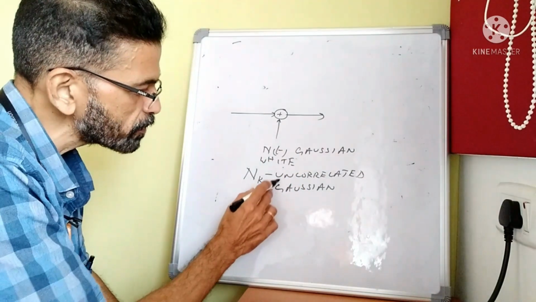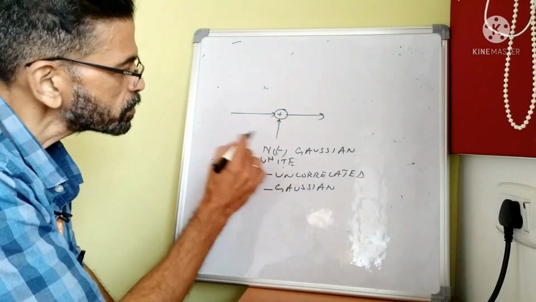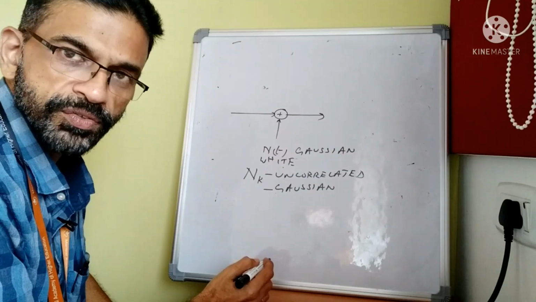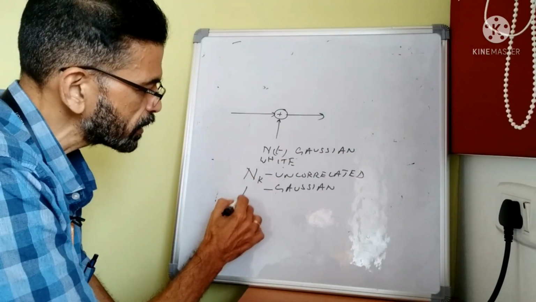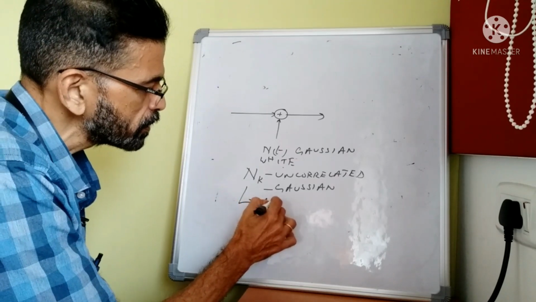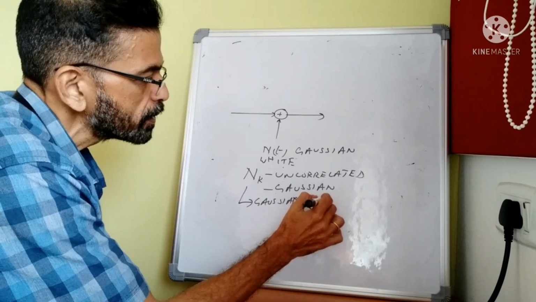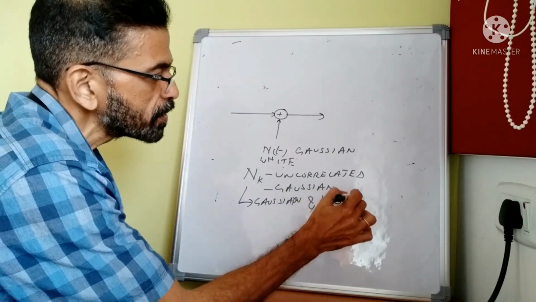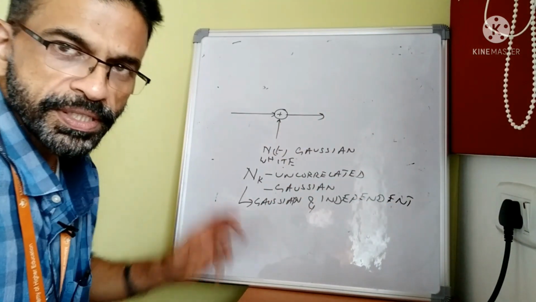And Gaussian random variables which are uncorrelated will also be independent. So when nt is white and Gaussian, nk will be Gaussian and statistically independent.